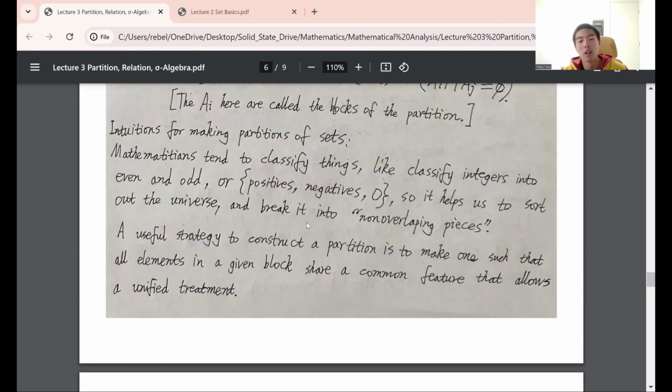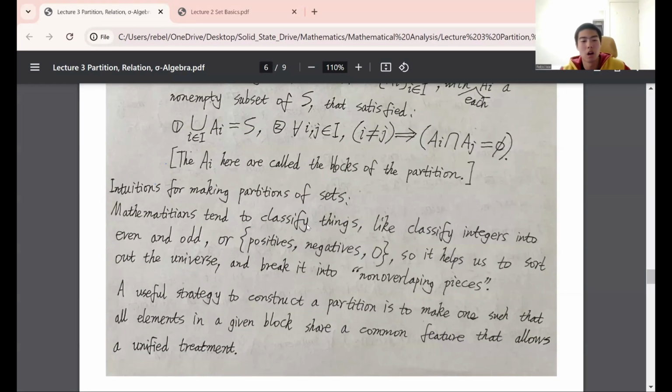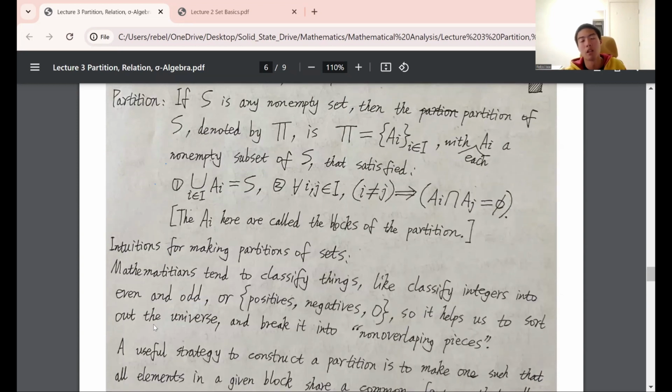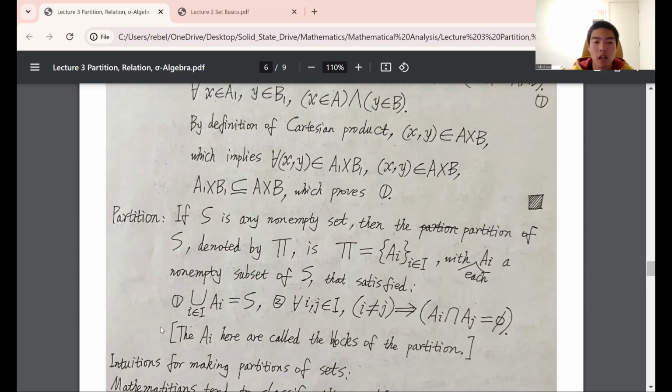They are positive, right? So a specific treatment can be applied to them uniformly. For example, for positive numbers, we can always find a square root, but for negative numbers, maybe not in real numbers. In complex numbers, it is possible. So that's why we need partition.